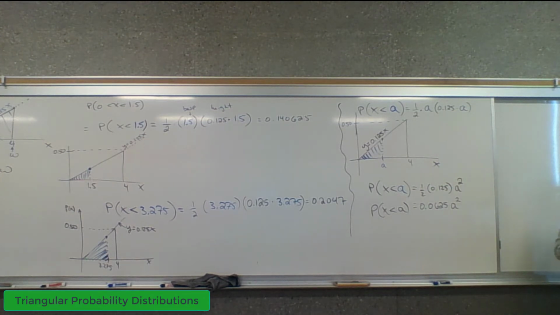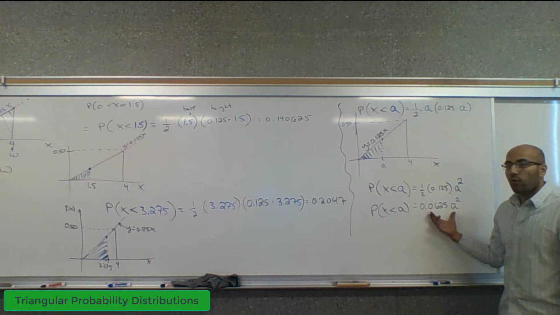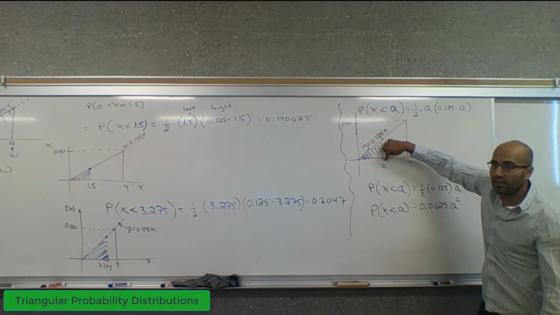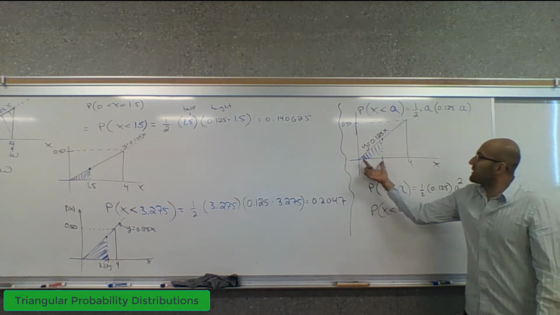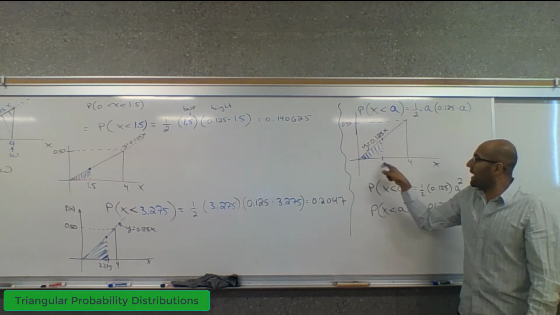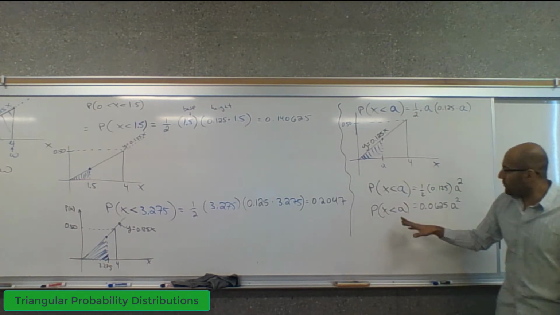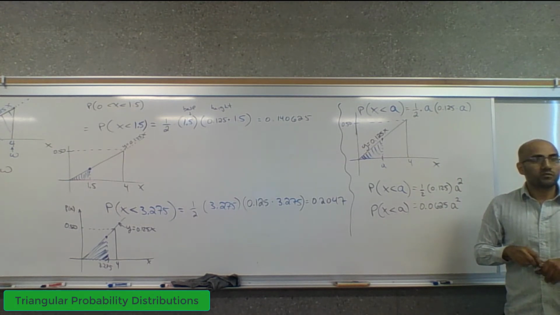Good? Any questions? So what did we just create here? This is a simplified little equation where all you have to do is tell me the value of A. I plug it in there, I do this math, and it automatically gives me the area of the triangle to the left of that point. So it gives us the probability that x will be strictly less than A, from 0 up to A. Does that make sense?